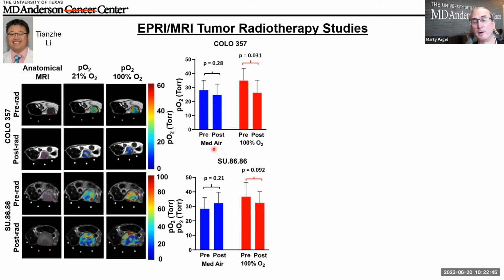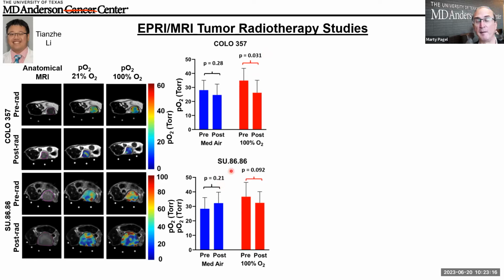Well, if you use medical grade air and you measure the average PO2 within the 10 mice with the Colo 357 tumor, and then you look at the PO2 with medical grade air after radiation, you don't really see any difference. And the p-value is not statistically significant. There is a statistically significant difference when we use 100% O2 gas as the breathing gas, but it's more moderate at 0.031, not below 0.01 as we would really like to see.